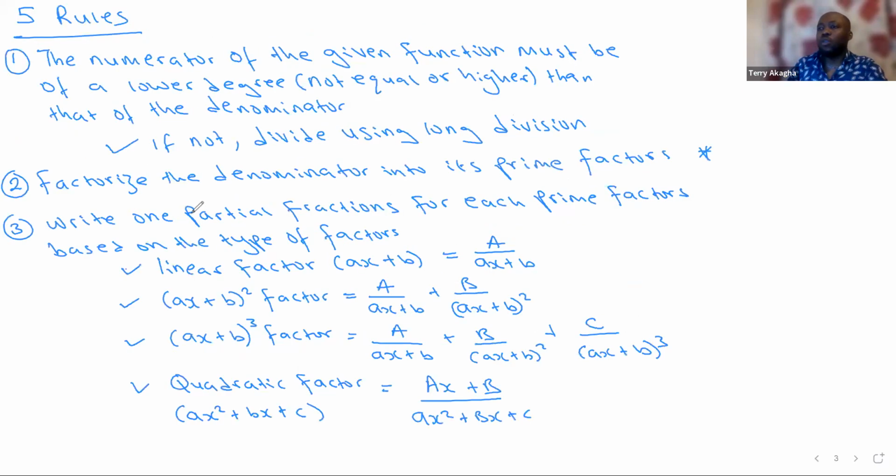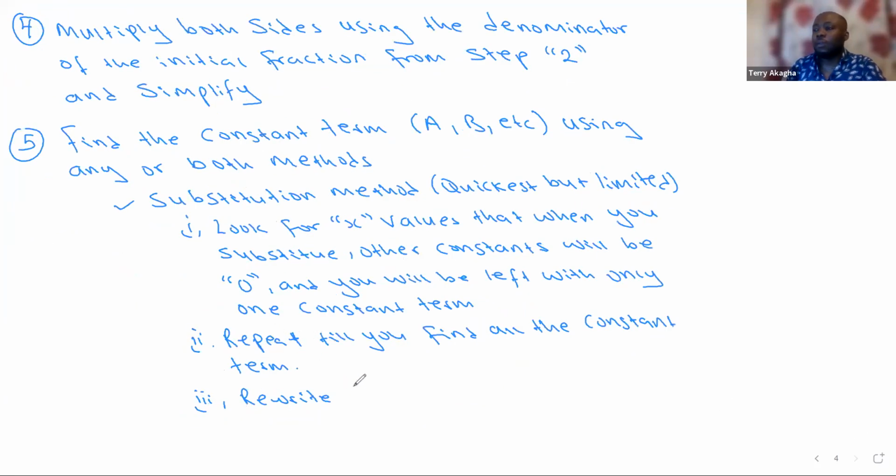Remember, step 3 is where you are writing them in the form of their partial fractions. Because at this time, for instance, I know my A, I know my B, I know my C, so I'm going to rewrite the expression using these.